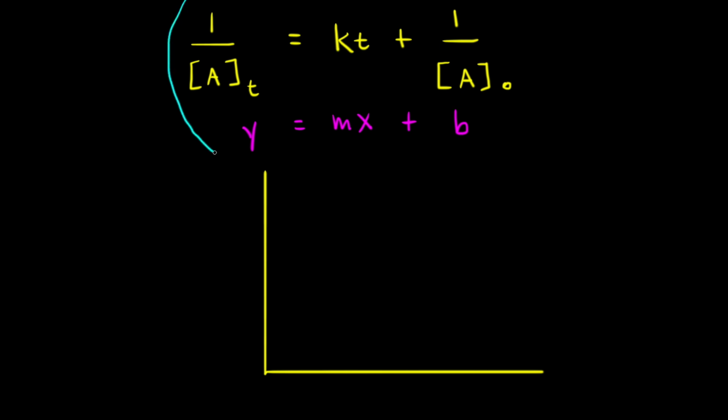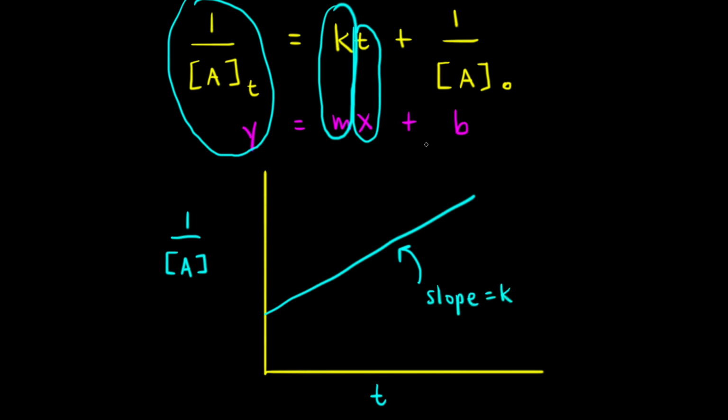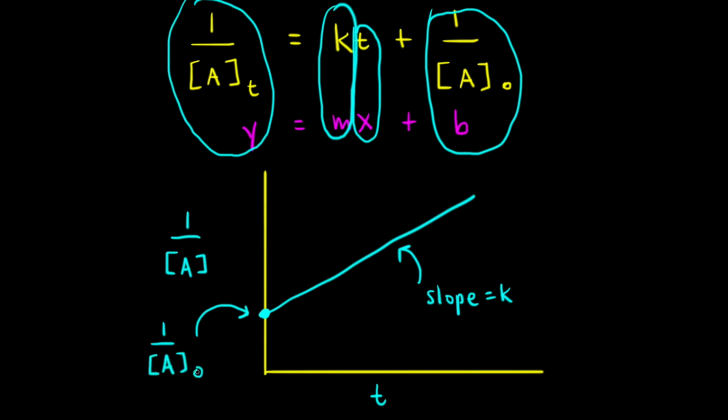So if we graph 1 over the concentration of A on the y-axis and time on the x-axis, we will get a straight line, and the slope of that line is equal to the rate constant K. So slope is equal to K, and the y-intercept is equal to 1 over the initial concentration of A. So the point where our line intersects the y-axis is equal to 1 over the initial concentration of A.